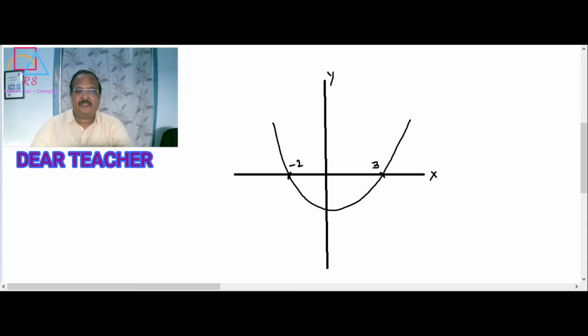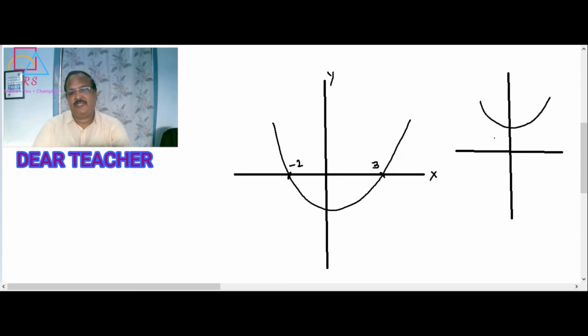Sometimes the graph will not meet the x-axis. It goes like this. It is not meeting the x-axis, therefore it has no zeros. So there are polynomials with no zeros also.